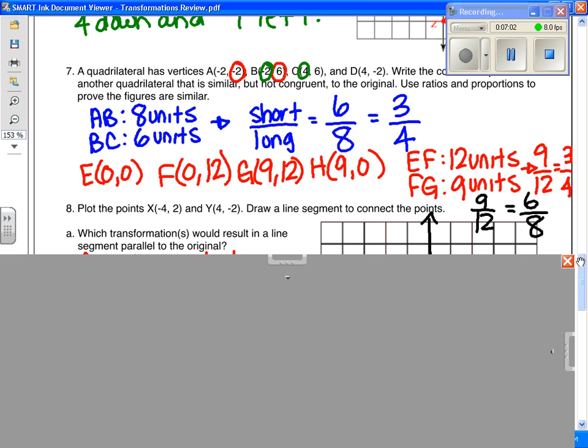Then you can see if I do short side over long side, I get 9/12, and that simplifies down to 3/4. So the proportion I could write was 9/12 equals 6/8, and that proves that both sides are similar, and since the side lengths are different, I know that they are not congruent.